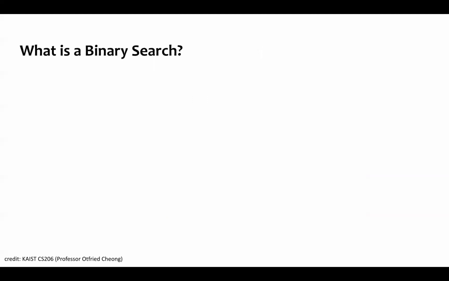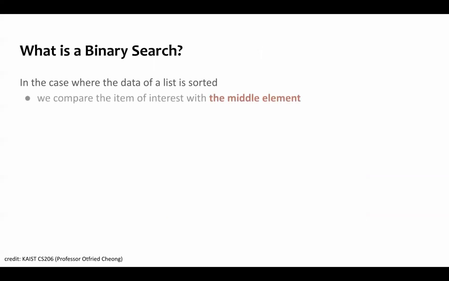This is today's main topic, binary search. What is a binary search? In the cases where the data of a list is sorted, like non-decreasing order, we compare the item of interest with the middle element. If the middle element is what we are looking for, then we just stop there.